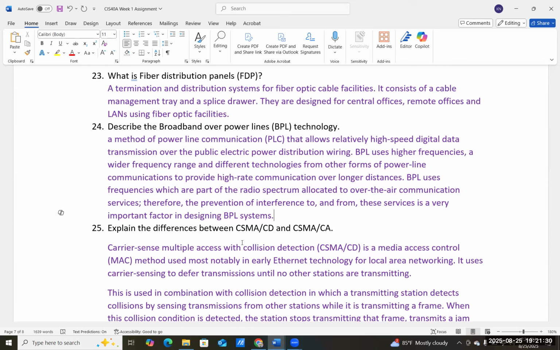The CD is really for collision detection. In a network, there are always collisions, right? Think about how it sends the data through your cable. Just think about it this way: there are always gonna be accidents on the 91 freeway, no matter what.